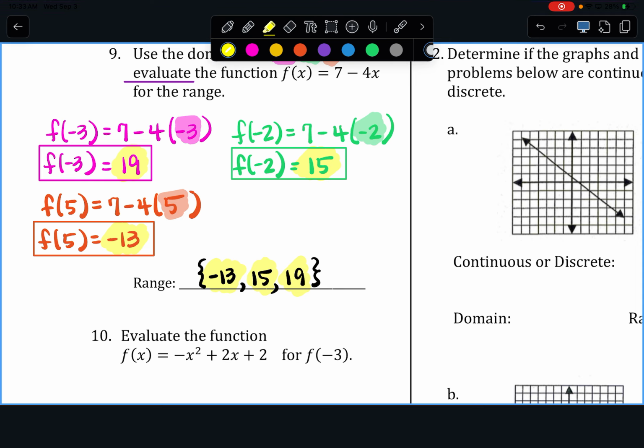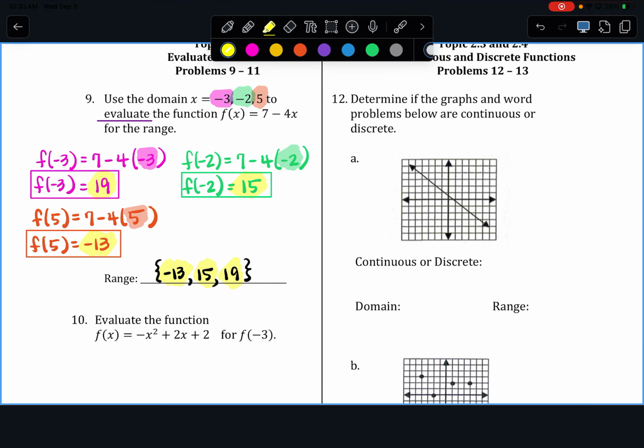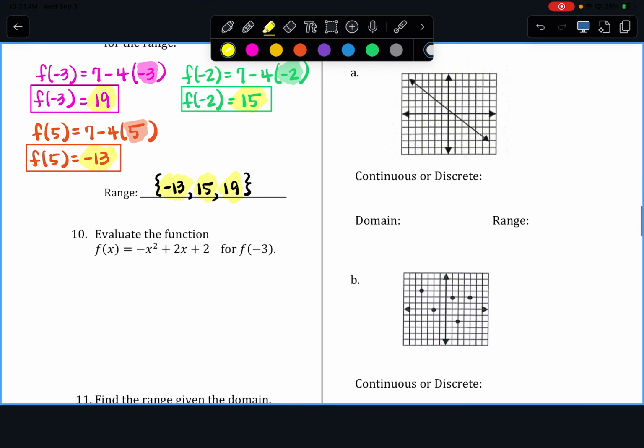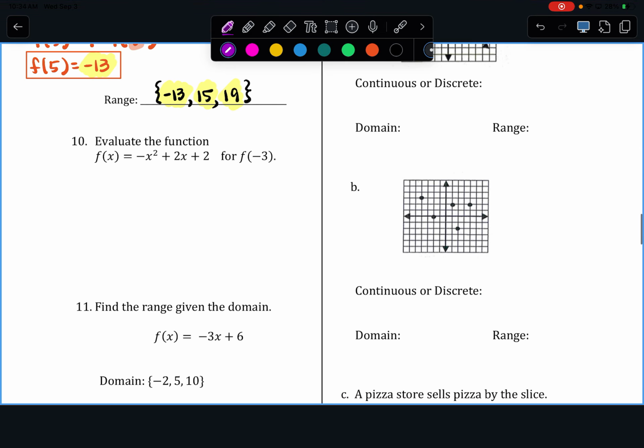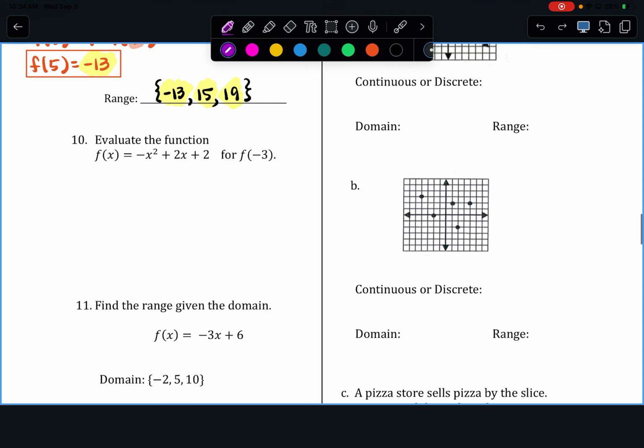Okay? All right, I spent a lot of time explaining that one, so I'm going to kind of fly through the rest of these function notations pretty quickly. Let's see. Number 10, evaluate the function, this big long thing right here, f of x, for f of -3. And again, whenever you see this, that does not mean f times -3.